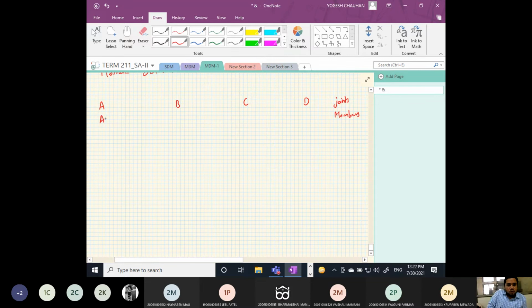This is connected to AB, this to BA and BC, this to CB and CD, and this to DC.